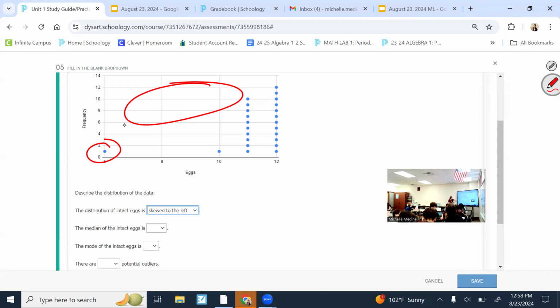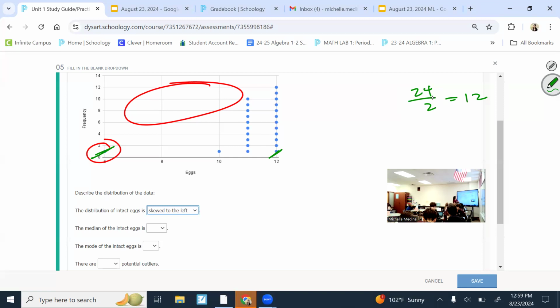The median, my middle number. I know you can't cross out on your computer screen, but you might be able to count where your middle would be. What's half of 24? 12. So it told you there were 24 data points. Since this is an even number of data points, I would expect two numbers in the middle. So you could go 1, 2, 3, 4, 5, 6, 7, 8, 9, 10, 11, 12.